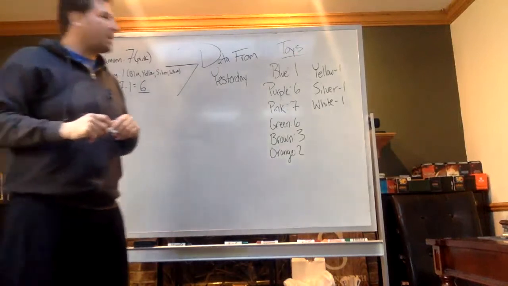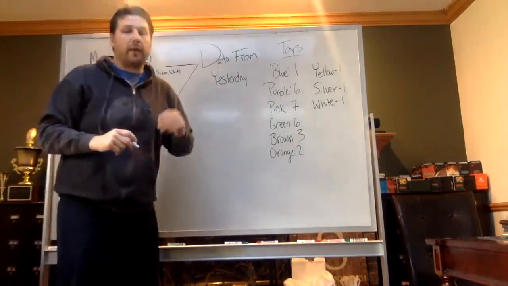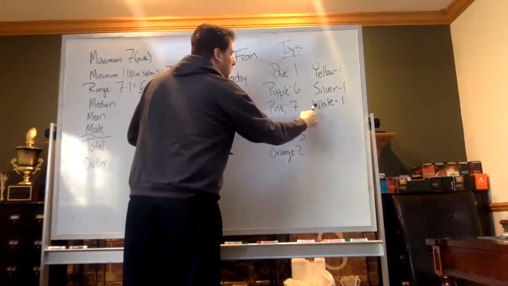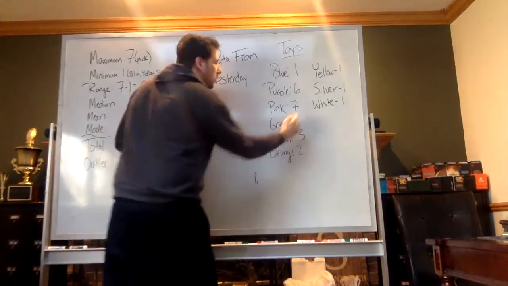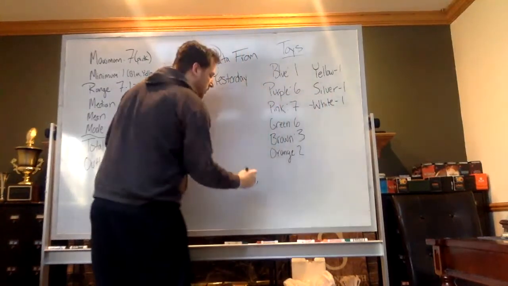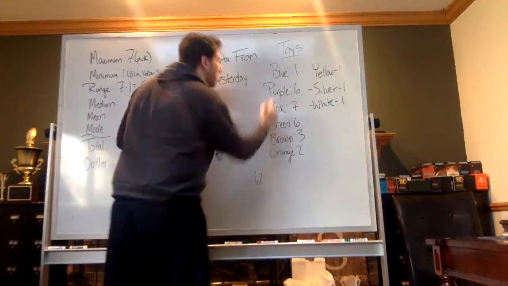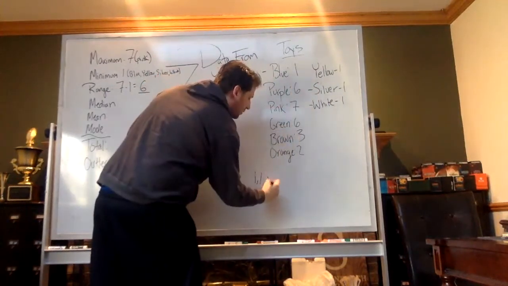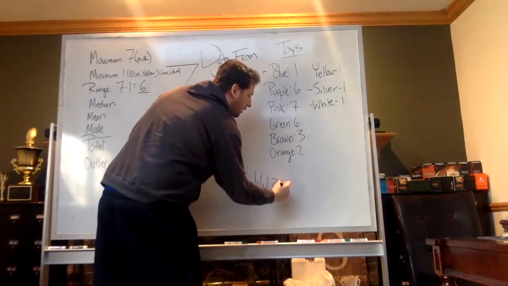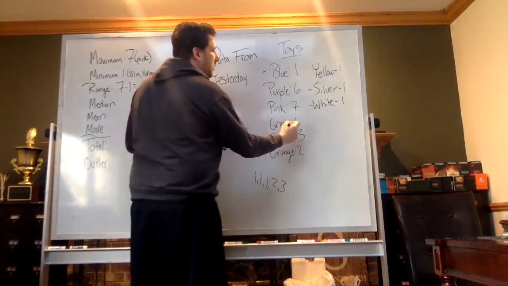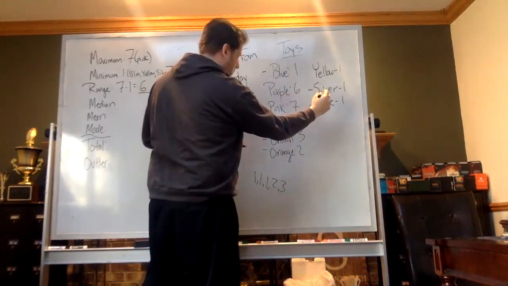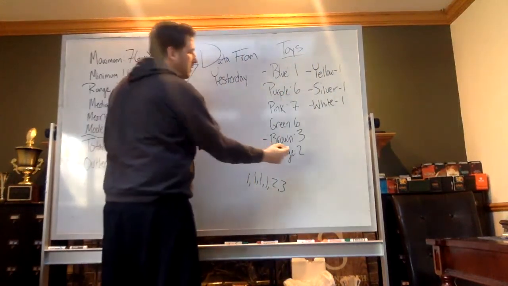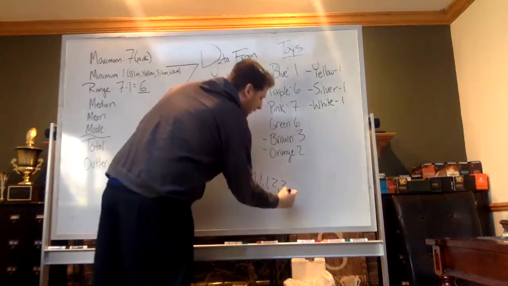Now we're on median, and median sounds like middle. This is the one where you arrange the numbers from smallest to biggest. So I'm going to arrange them: 1, 1, 1, 1, then a 2, a 3, and then 6, 6, 7.